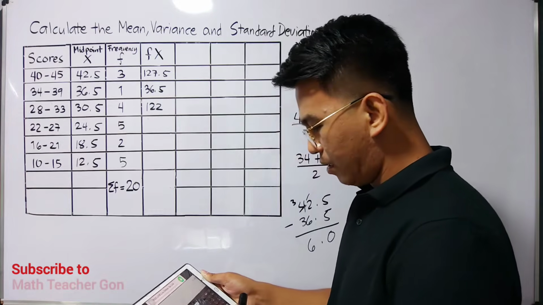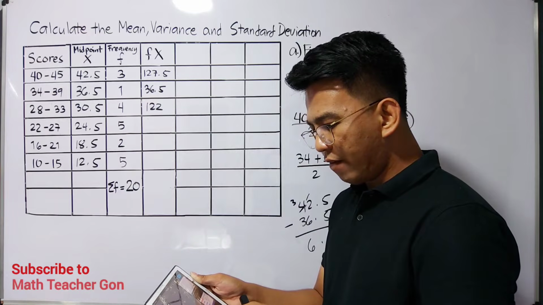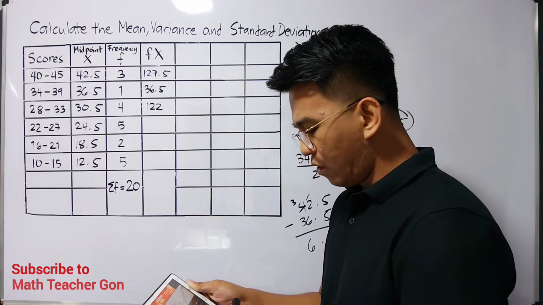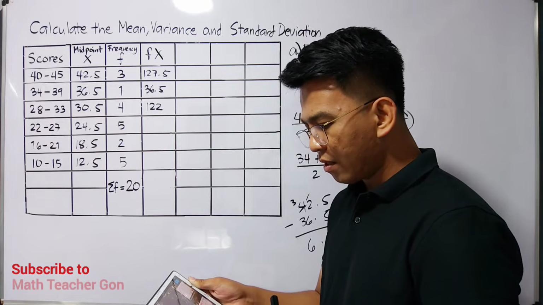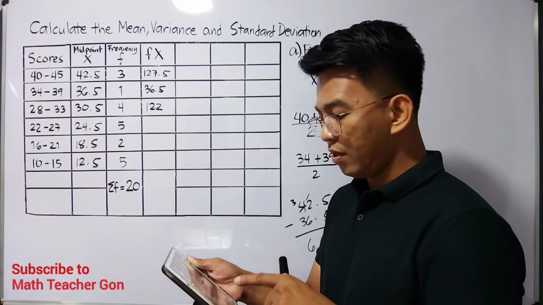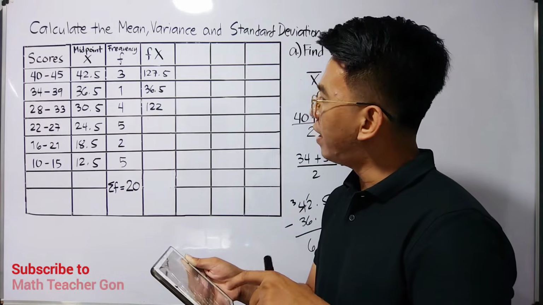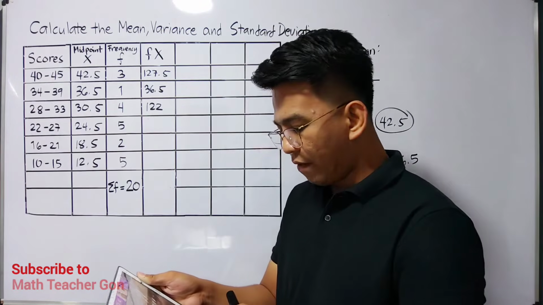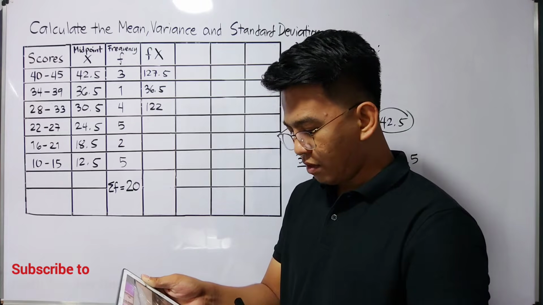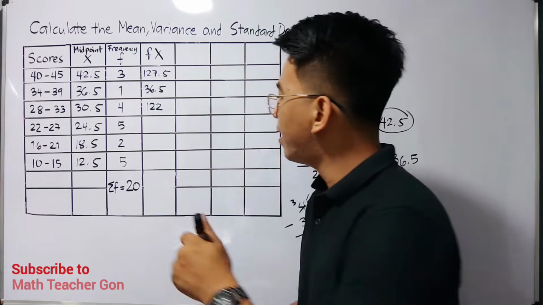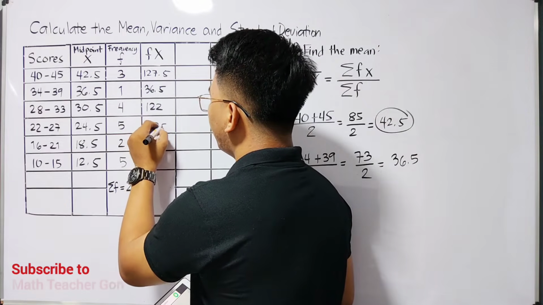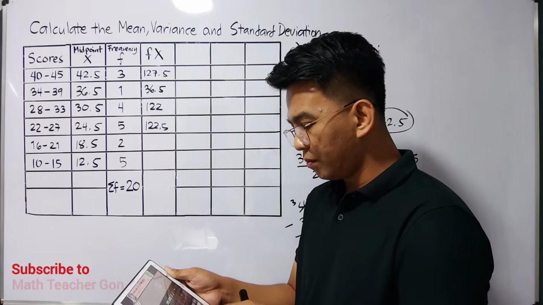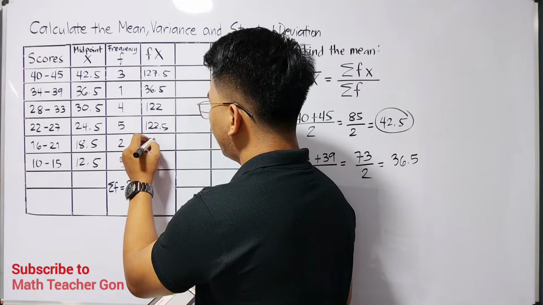Next, to get fx, we have 24.5 times 5. Sorry, I made a mistake in the multiplication. We have 24.5 times 5, that is 122.5. Next, we have 18.5 times 2, that is equal to 37.